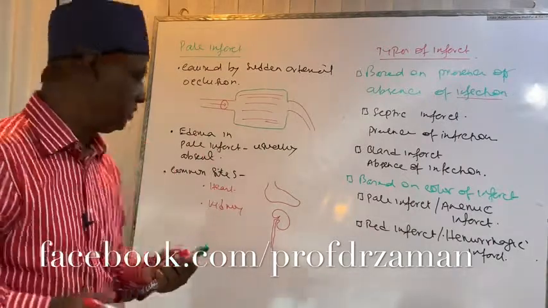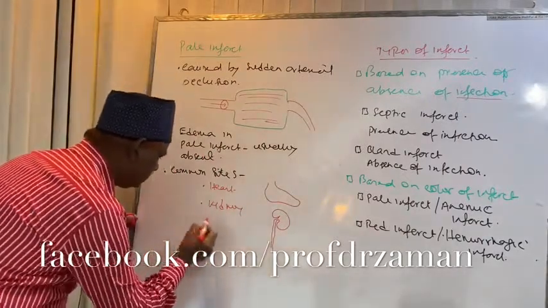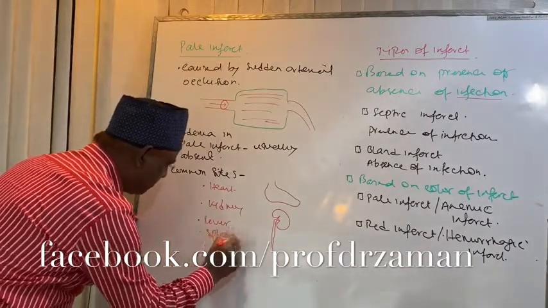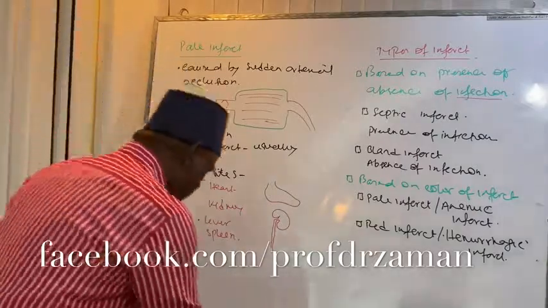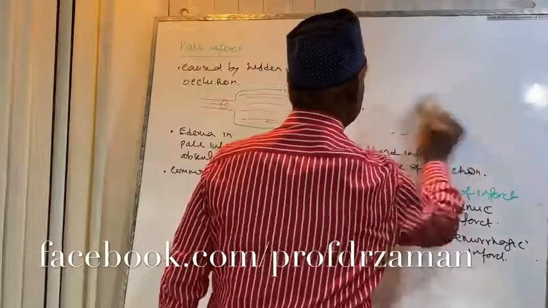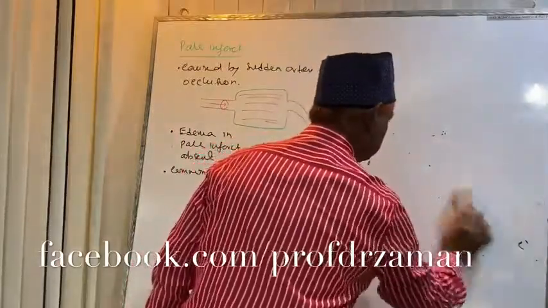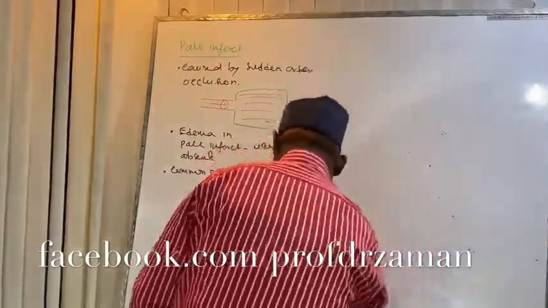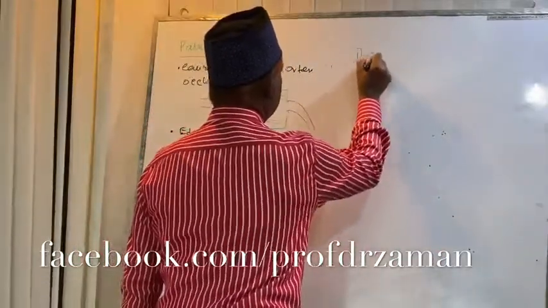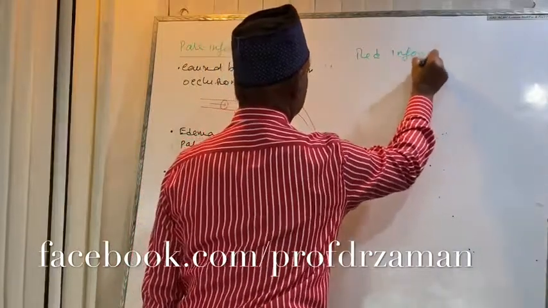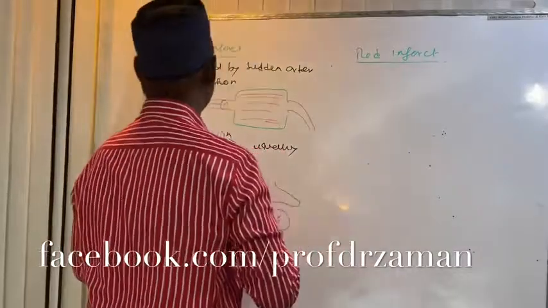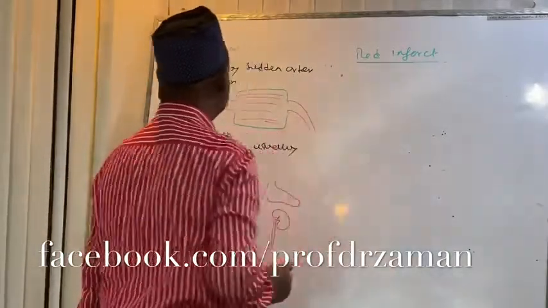It undergoes ischemic necrosis and it is pale infarct. Kidney: if there is arterial occlusion and the kidney gets no blood, there will be pale infarct in the kidney. Liver, spleen, these are the common sites or organs where we can get pale infarct.